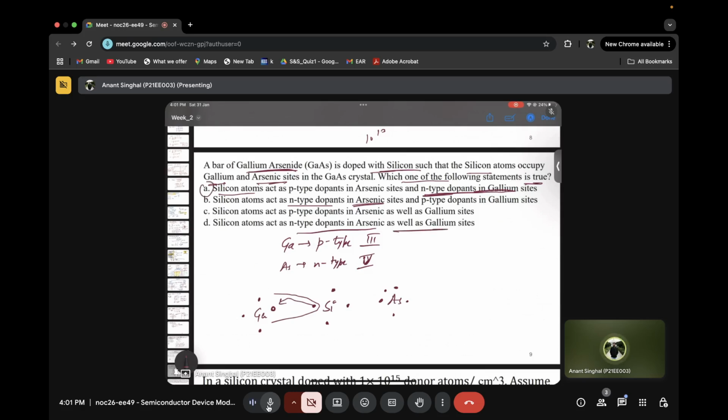So either A can be correct or D can be correct. B and C cannot be correct because silicon is giving its electron to the gallium. So silicon can act as an n-type dopant to gallium. And for arsenic, what is the case? Arsenic already has an extra electron, so once silicon gives its electron to gallium, the hole will be compensated by arsenic. So silicon can act as a p-type dopant for the arsenic. Is it clear? Does it make sense?